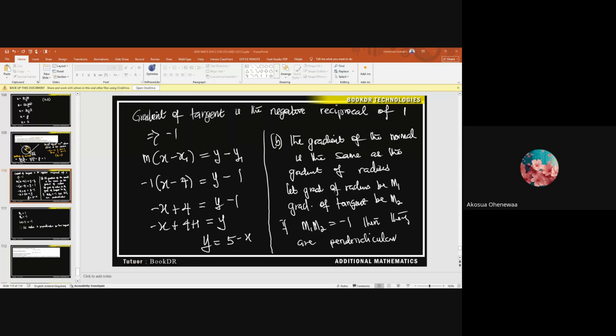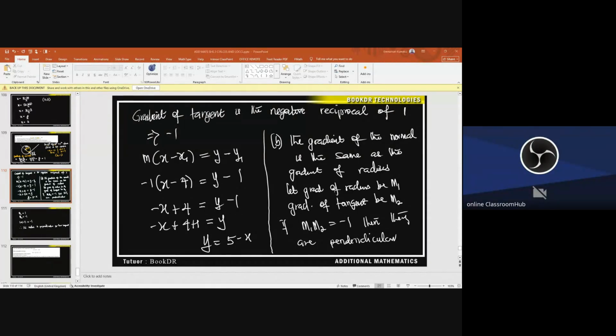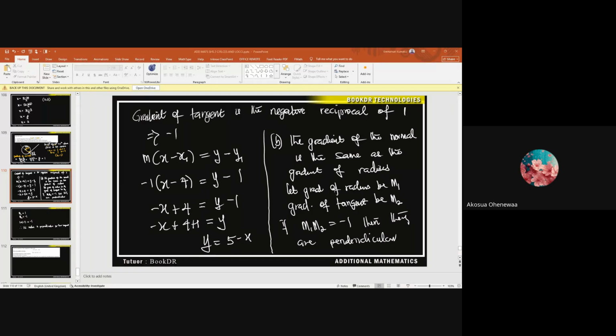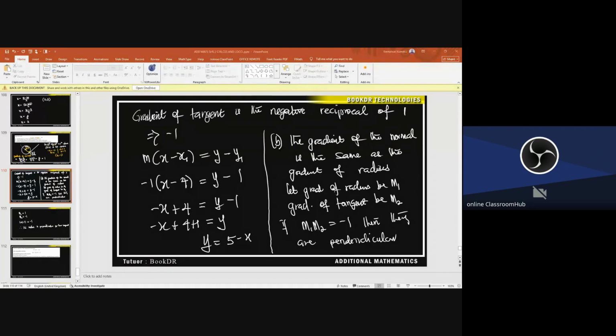Sir, please, don't we just go straight forward and use the gradient, the normal gradient, to find the equation of the normal? What we found was the equation of the tangent, not the equation of a normal. We first found the gradient, then took the negative reciprocal of the gradient to find the tangent. So why don't we just use the first gradient to find the normal? Yes, that would have given us the equation of the normal, not the equation of the tangent, but we are after the equation of the tangent.